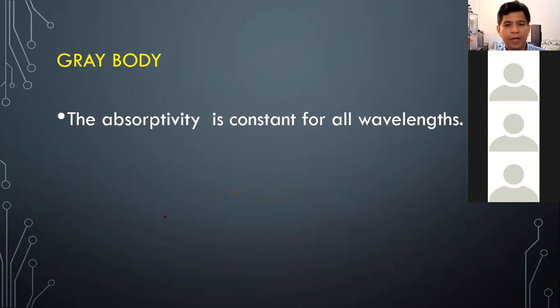Okay. Earlier we had the black body. Now, let's define a gray body. In a gray body, the absorptivity is constant for all wavelengths. Gray, because remember in our elementary arts, when you mix all the colors, the result is gray. So when its absorptivity is constant for all wavelengths, we call that a gray body.